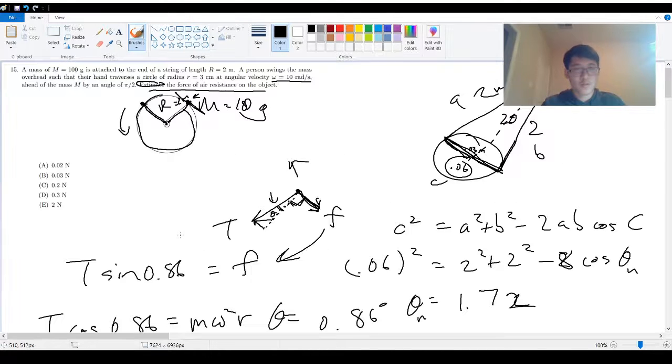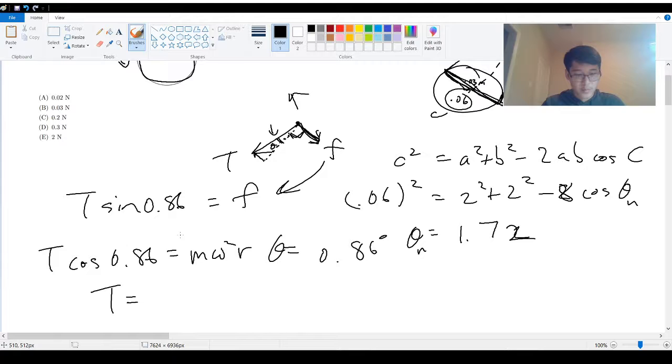So it's about 20, divided by cosine of 0.86. Okay, so if you solve for the tension by plugging in all these values, you get approximately 20.